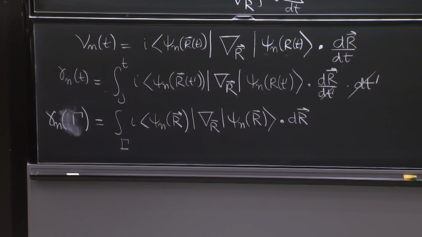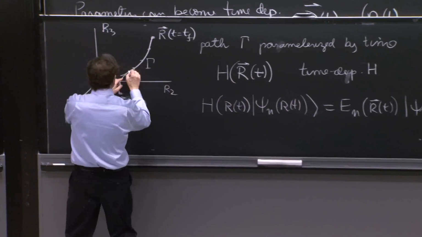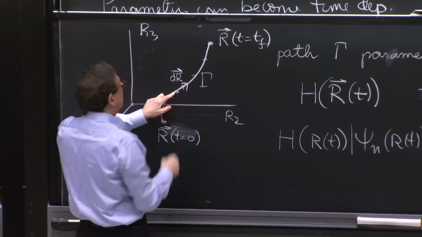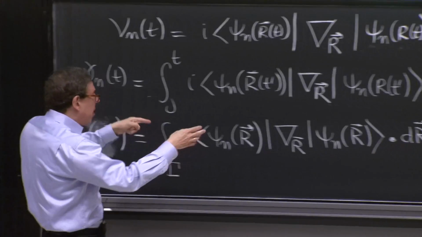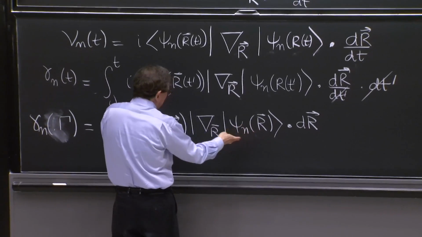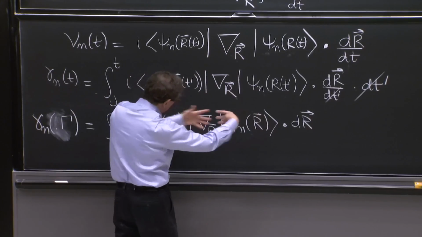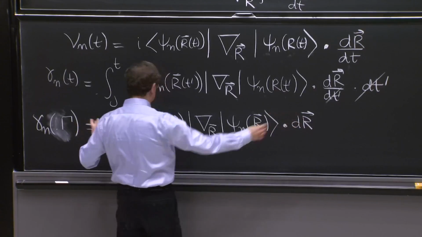This integral says, take this path, take a little dr, dot it with this gradient of this object, which is kind of the gradient of this ket, which is a lot of kets with this thing, so it's a vector. Dot it with this and integrate.